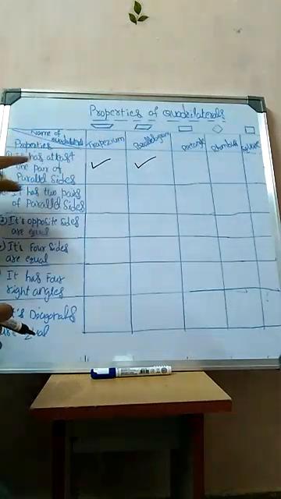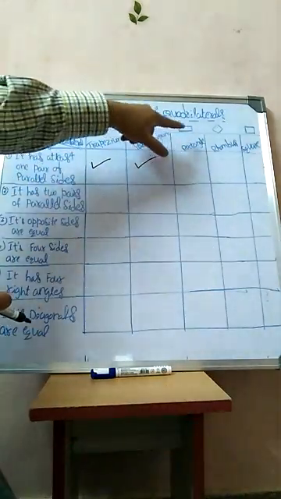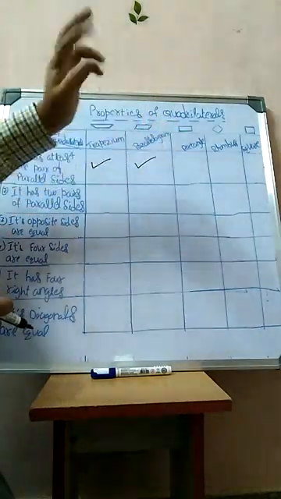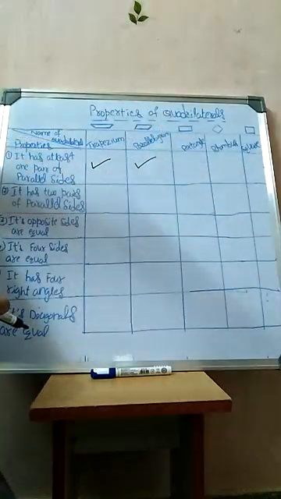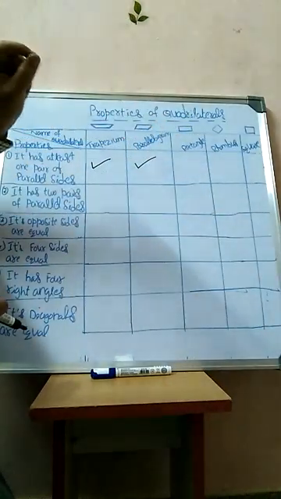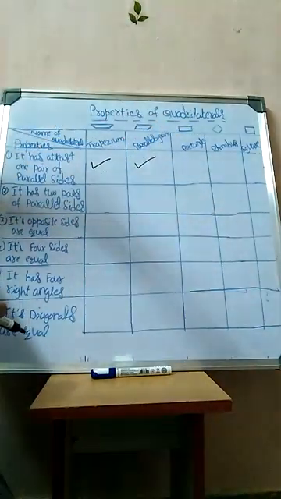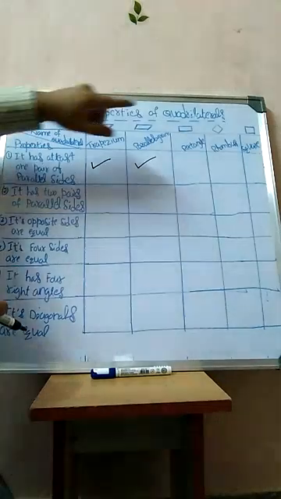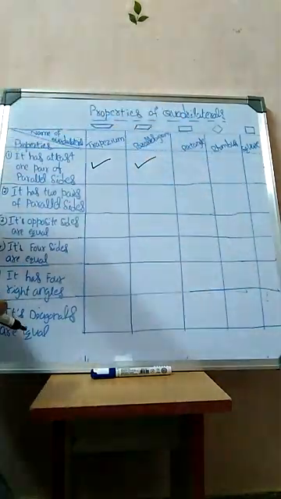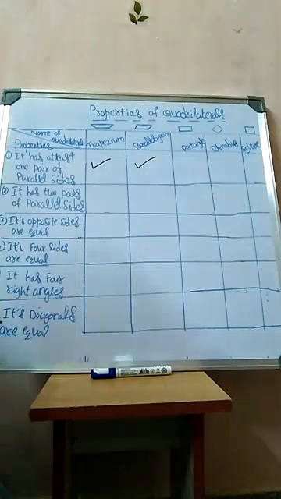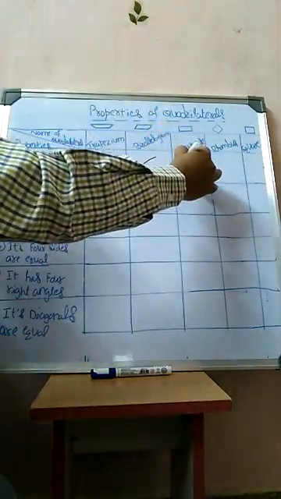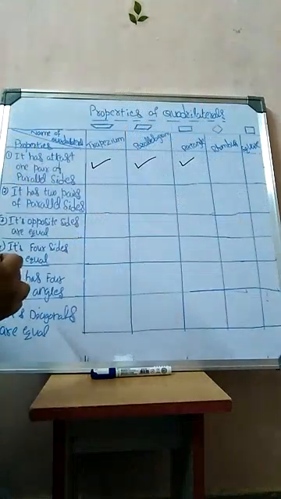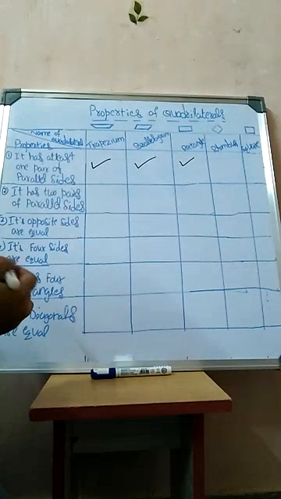Rectangle also has at least one pair, at least one, more than one. Rectangle clearly has not only one pair of opposite parallel sides, it has two pairs. So clearly it has one pair and more than one pair also. That's why rectangle also satisfies this property.